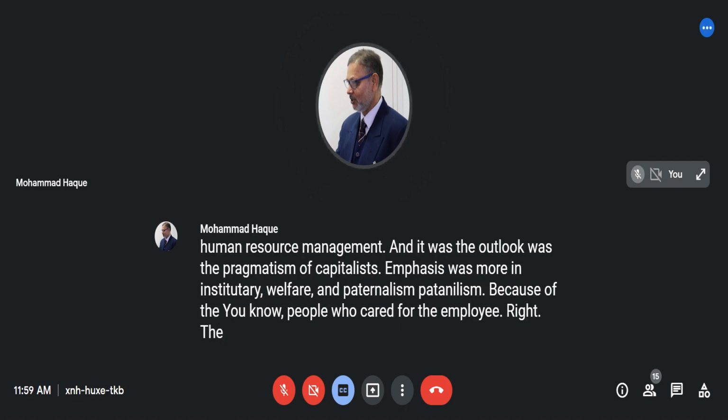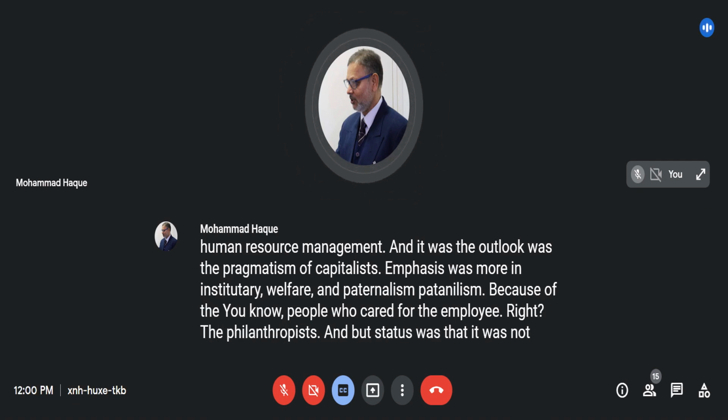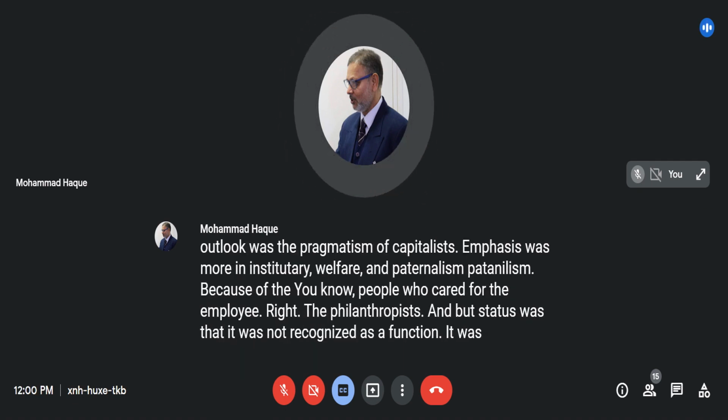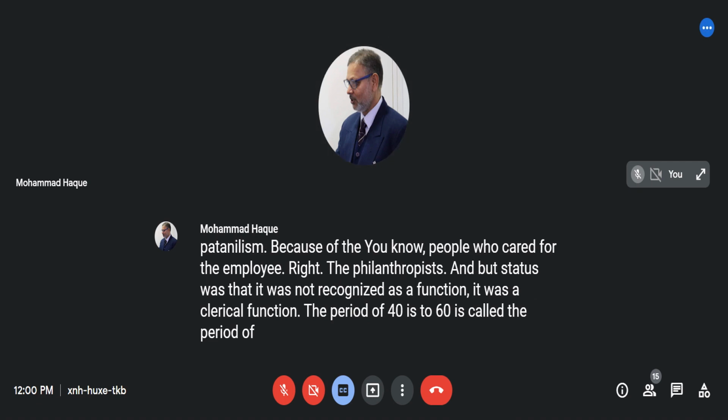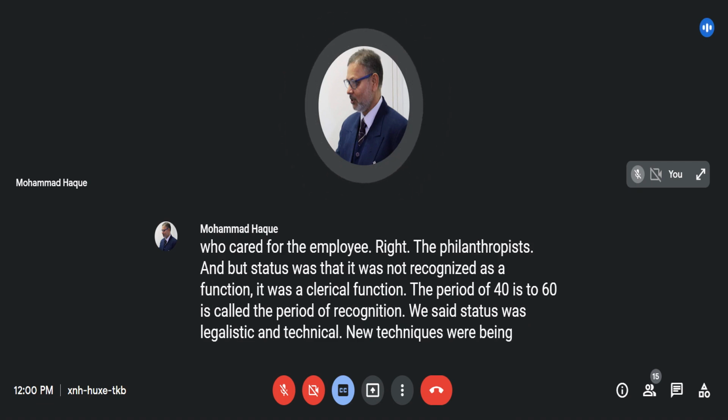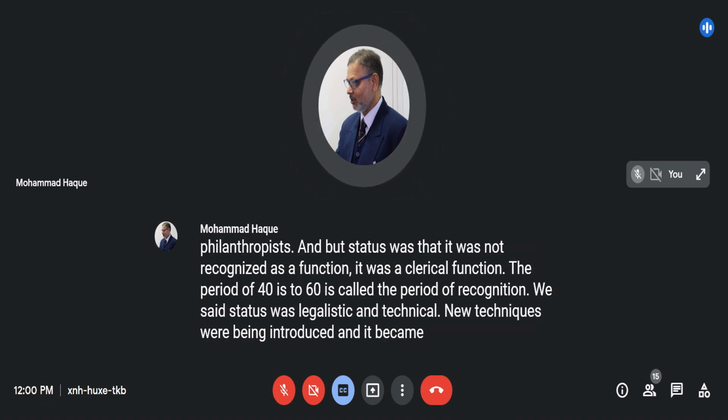The philanthropists. But status was that it was not recognized as a function, it was a clerical function. The period of 40s to 60s is called the period of recognition. We said status was legalistic and technical. New techniques were being introduced and it became an administrative function.